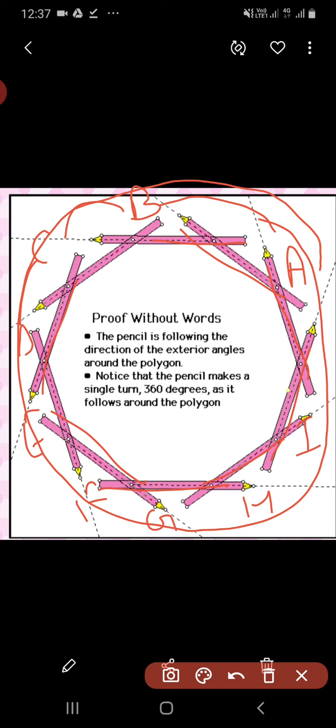So we are moving around the exterior angles of the given polygon, and it is a hexagon. So we can see that the sum of the exterior angles of the hexagon is also 360 degrees.